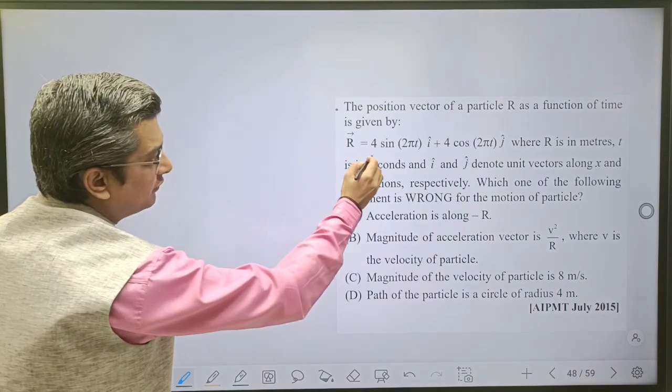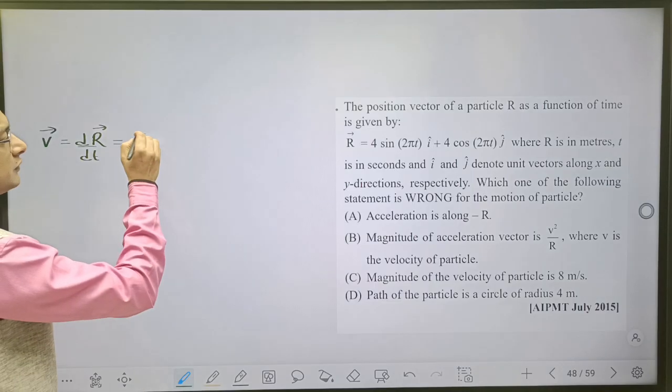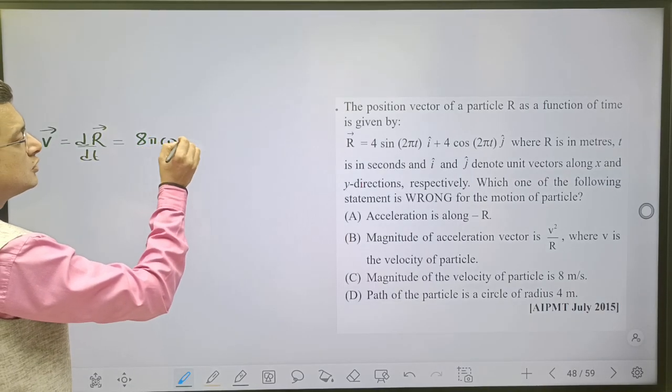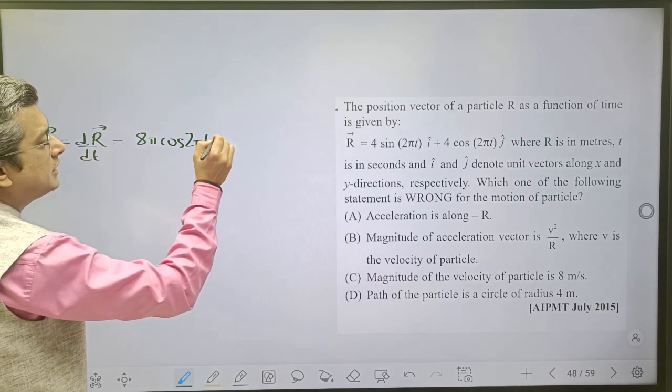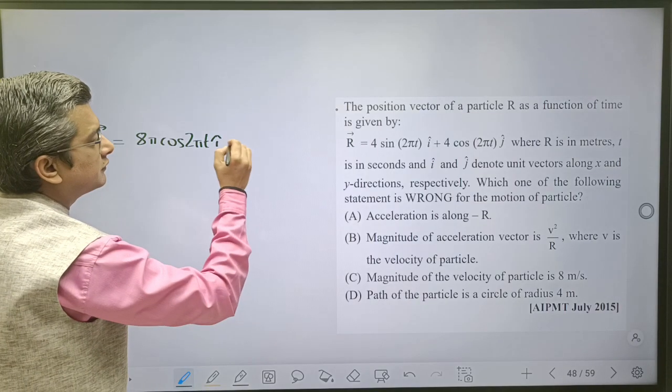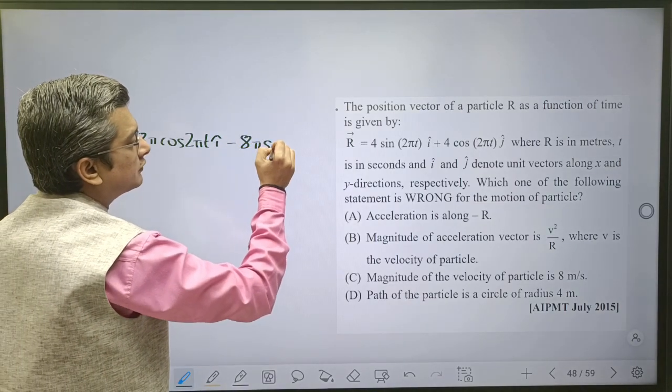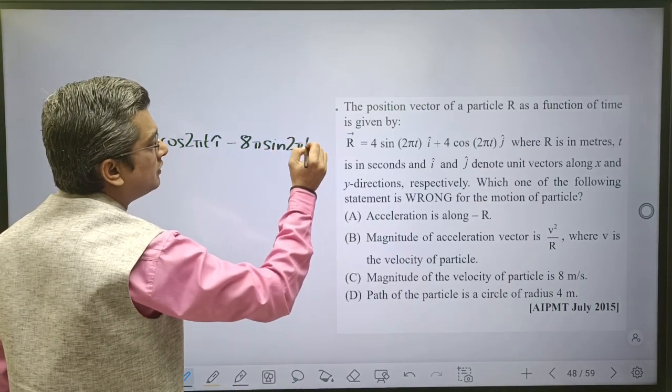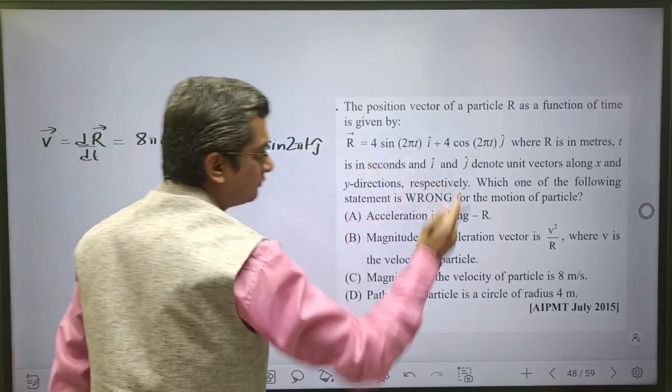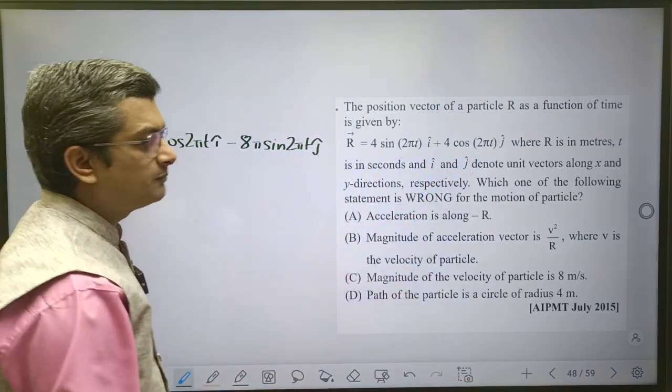By differentiating it, we get 8 pi cos 2 pi t i cap minus 8 pi sine 2 pi t j cap. If anyone finds difficulty in differentiating it, just go through the differentiation lecture.